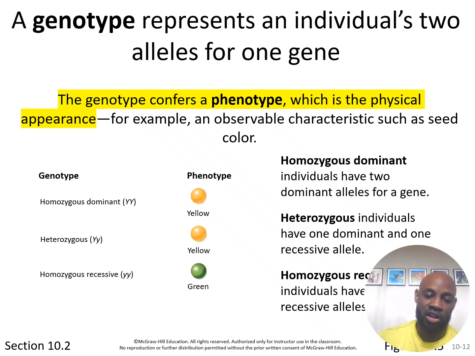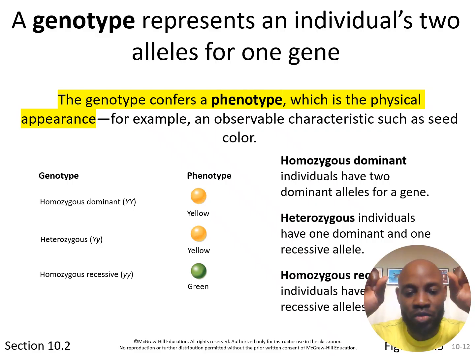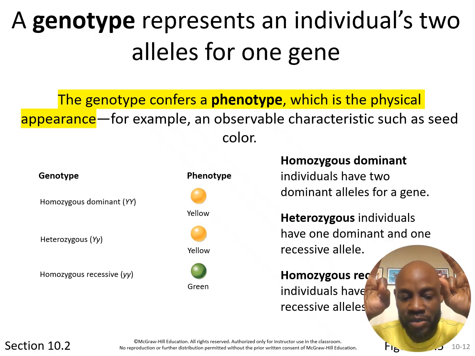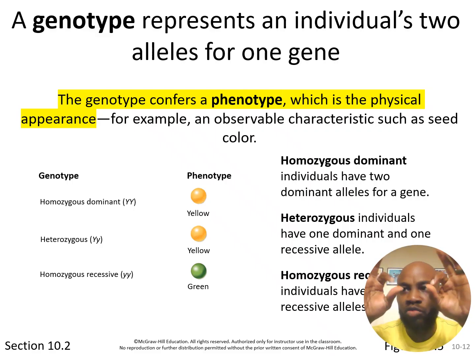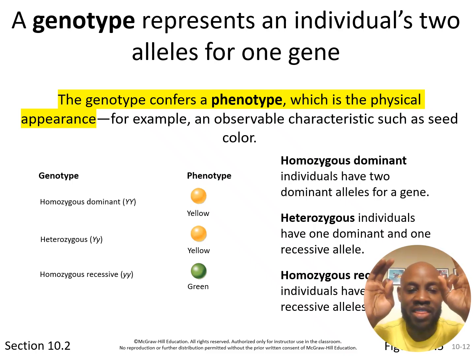So if you look at the chart here, the genotype homozygous dominant means the two alleles, on two locations of the chromosome, are the two alleles for this color gene.